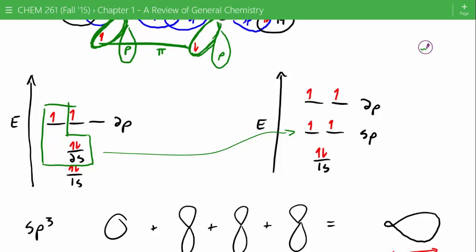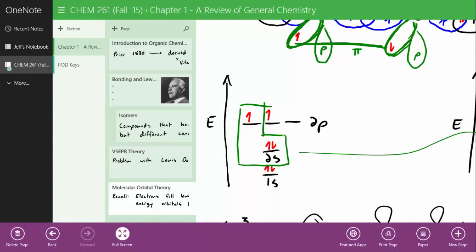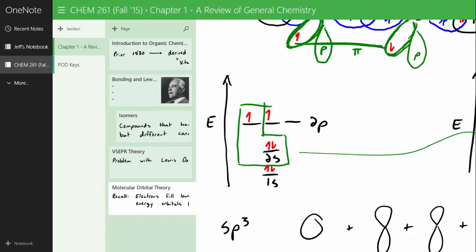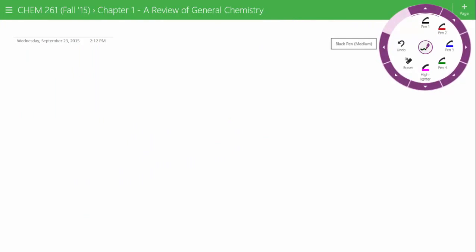All right, so now let's talk a little bit about non-bonding interactions between molecules. Does anybody remember the name for non-bonding interactions? What were they called? Shoot. Okay. Intermolecular forces.